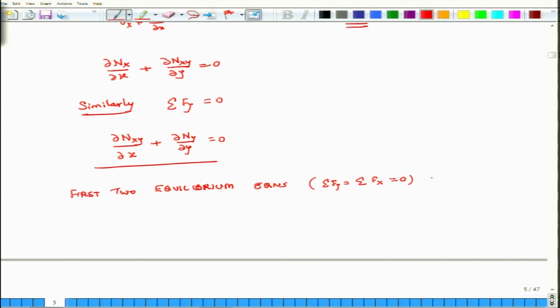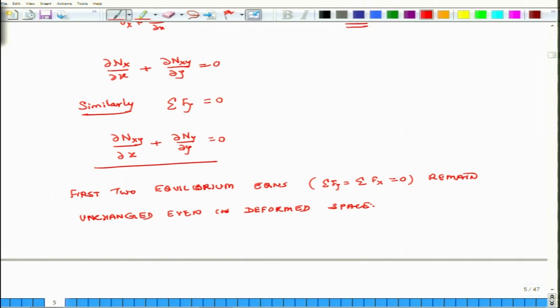So, these two equilibrium equations remain unchanged, even in deformed space, okay.